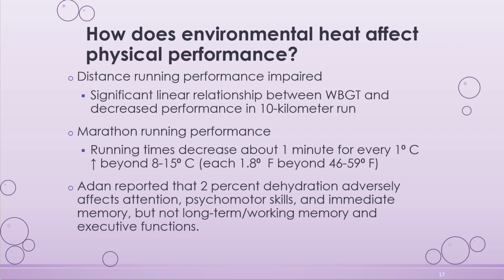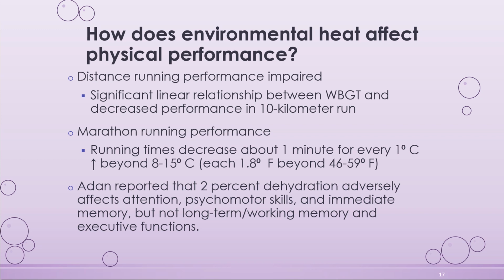Heat can significantly impact physical performance during distance running and marathon running. Running in hot and humid conditions poses unique challenges to the body, affecting performance, endurance, and overall well-being. Distance running performance is impaired, with a significant linear relationship between WBGT and decreased performance in a 10-kilometer run.